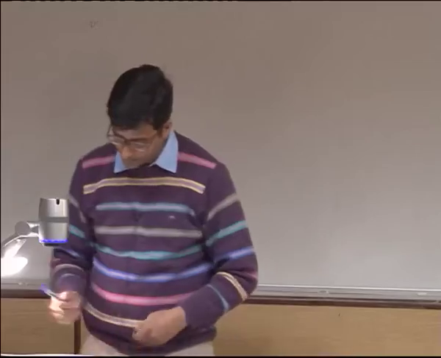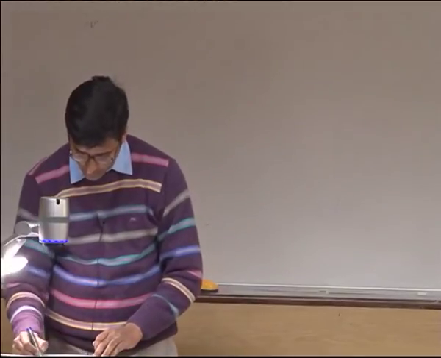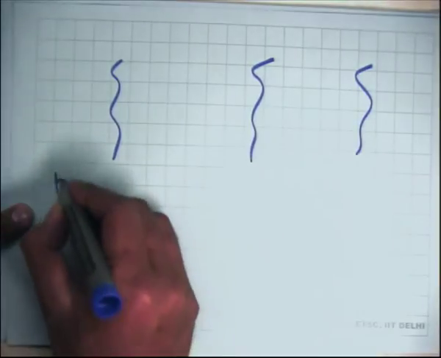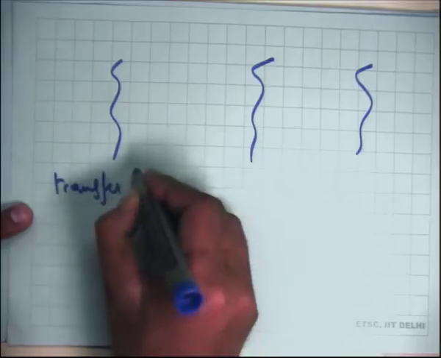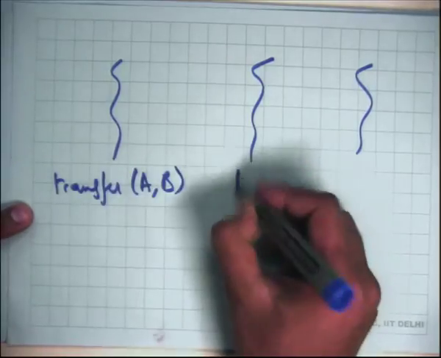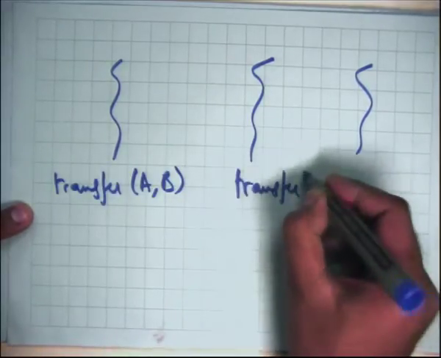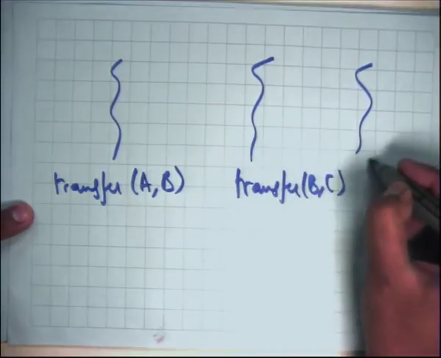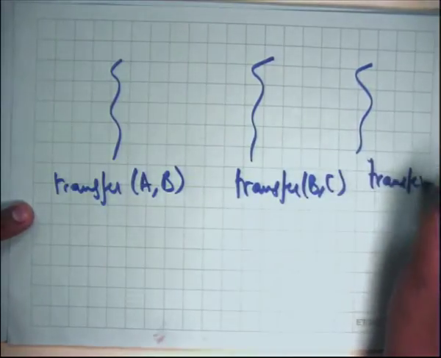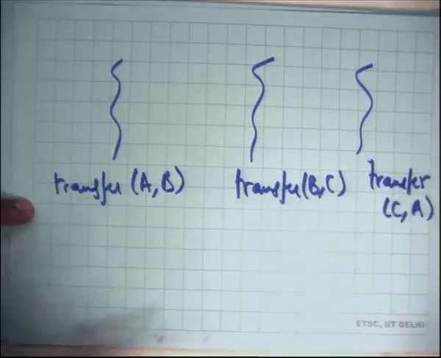So you can extend this example to 3 threads, one saying transfer AB, transfer BC, and this one saying transfer CA, right?